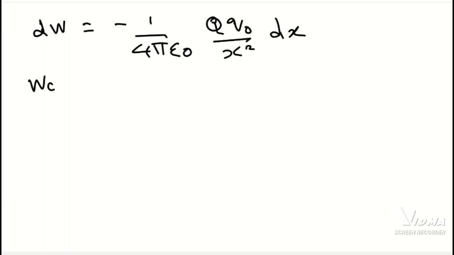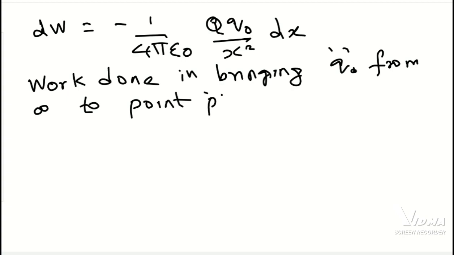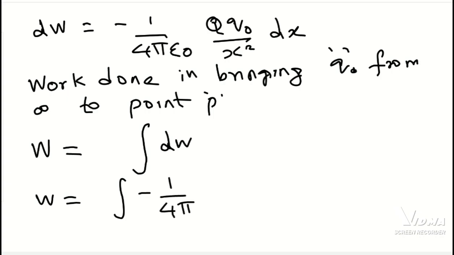So now work done in bringing charge Q0 from infinity to point P is given by W is equal to integral of dw, which is equal to W is equal to integral of minus 1 by 4 pi epsilon naught capital Q into Q0 by x square dx.